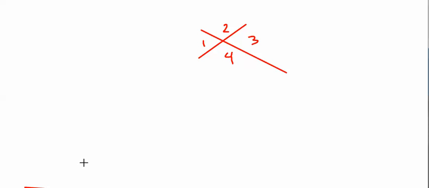Another pair. Good. Now give me a pair of vertical angles. Good. And what about now? It's still that one and that one, isn't it? So don't let all the other garbage in the picture throw your eyes off.